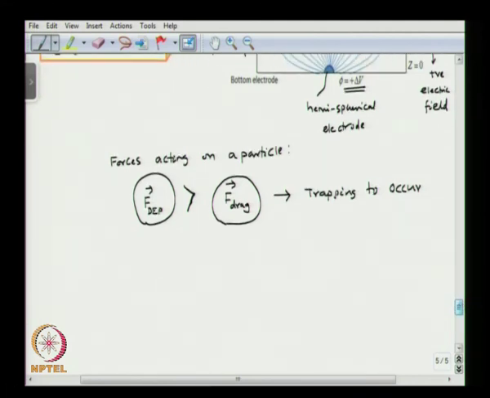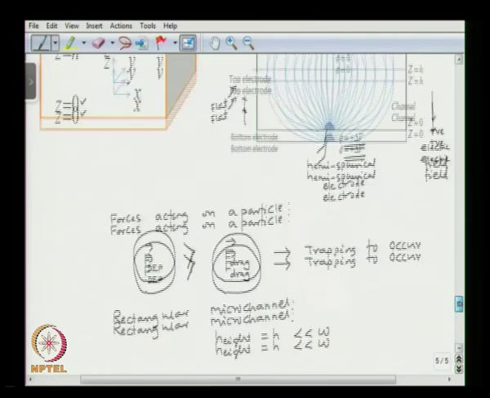Now, for the rectangular microchannel, we say that the height is H and the height H is less than W, which is the width.